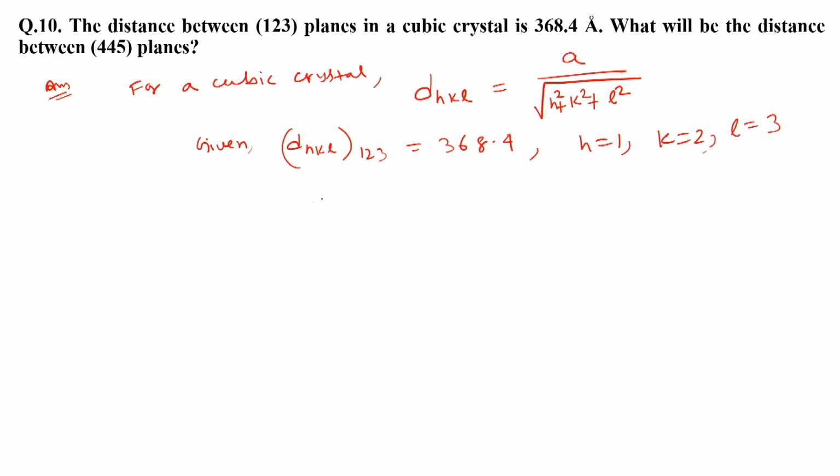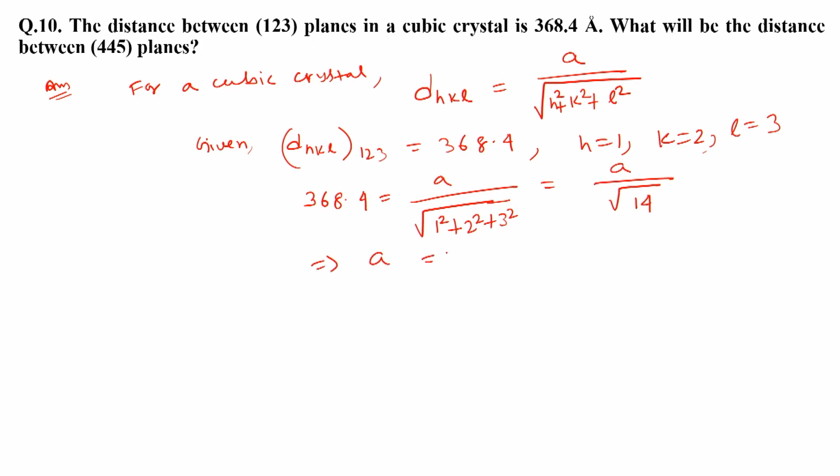Okay, so now we put the values. We get 368.4 is a by square root of 1 square plus 2 square plus 3 square. So we get a by square root of 14. So the value of a is 368.4 times square root of 14. This is in angstrom unit. Okay, so this is the value of a we have got.